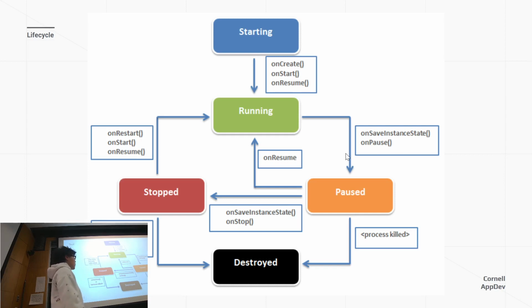So, for example, if you are moving on to another application, it could pause the first activity, and once it's in the paused state, you can completely stop it, or you could destroy the entire process so it doesn't take up memory running in the background, or you can make it resume back to running.